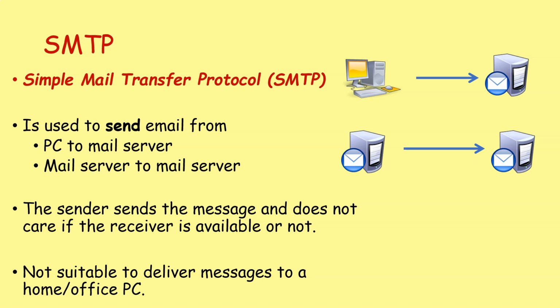Now that's fine if you're sending data to a mail server. Mail servers are always switched on. But it's not appropriate for the final leg of the journey, receiving messages on a home or office PC, because these are often switched off, logged out, or just not available to receive data. So we can't use SMTP to retrieve data for the final leg of the journey. We can only use it to send.